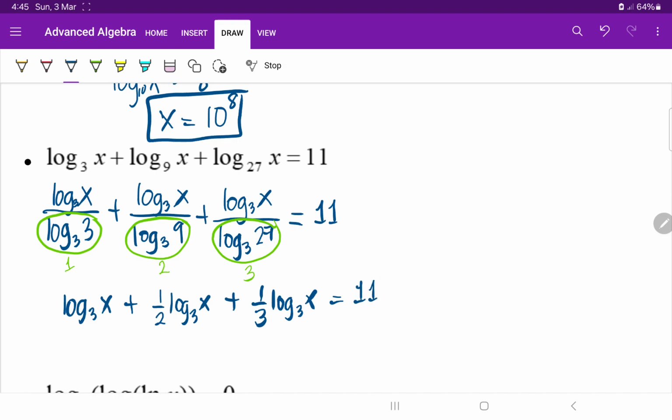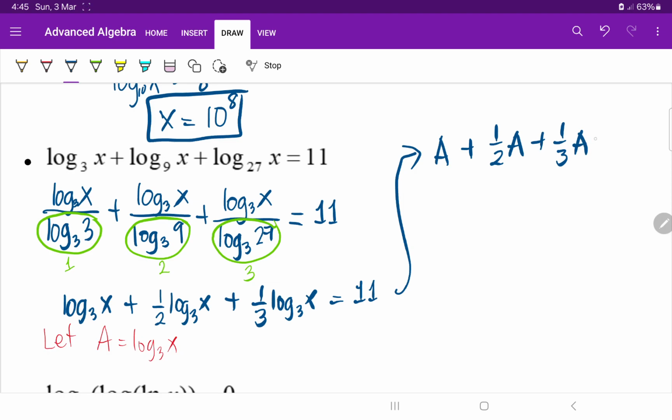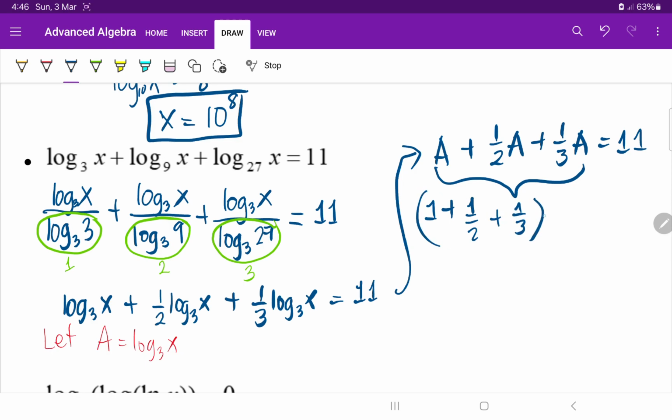Okay, so let us let a be equal to log base 3 of x. Okay, so if I do that, yung equation natin na to becomes a plus 1/2 a plus 1/3 a is equal to 11. Okay, so combining these three terms, 1 plus 1/2 plus 1/3, okay, times a is equal to 11. So ano yung 1 plus 1/2 plus 1/3?